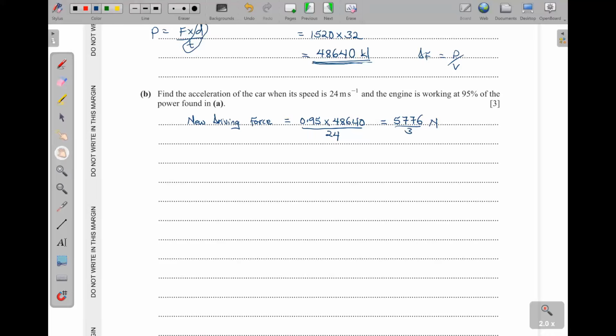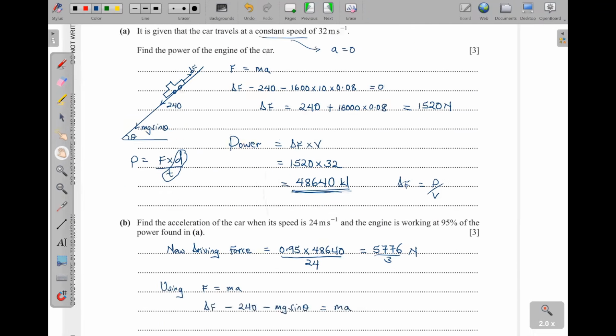Okay, now again, I'm going to use F is equal to ma. Using F is equal to ma, our driving force minus the resistance force, then minus the mg sine theta, is equal to ma. Remember, we're still using this diagram here.